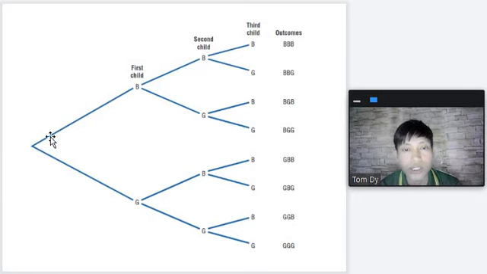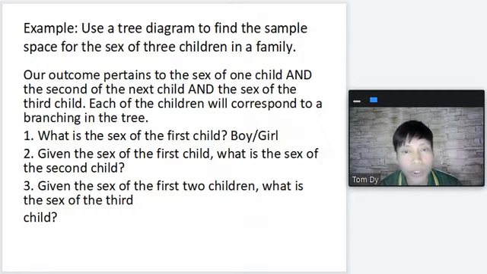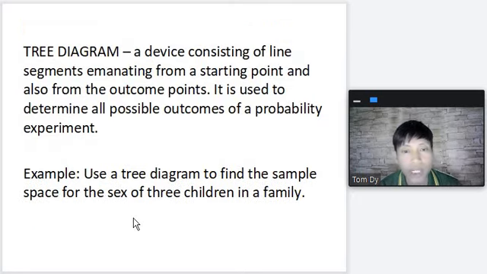So you have here your parent, and then a first outcome. Remember this one, we have here: use a tree diagram to find the sample space for the sex of 3 children in a family.